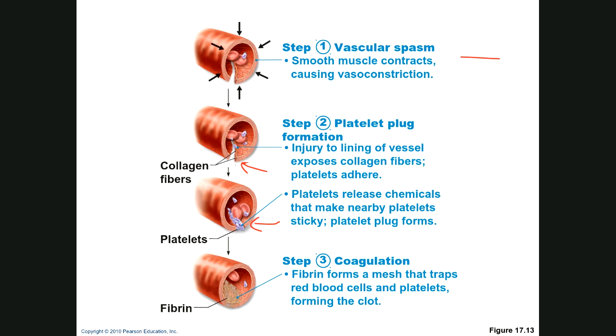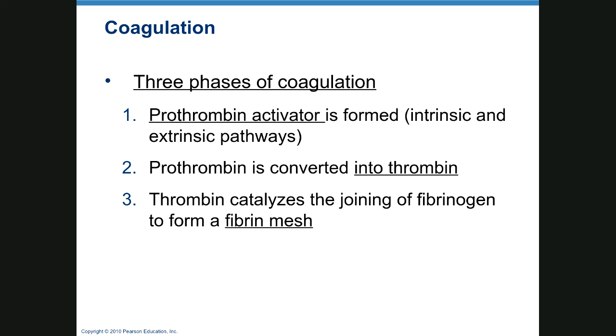And then coagulation is the formation of a fibrin mesh. It has 3 phases. First is you have prothrombin activator being formed. Prothrombin activator converts prothrombin into thrombin.